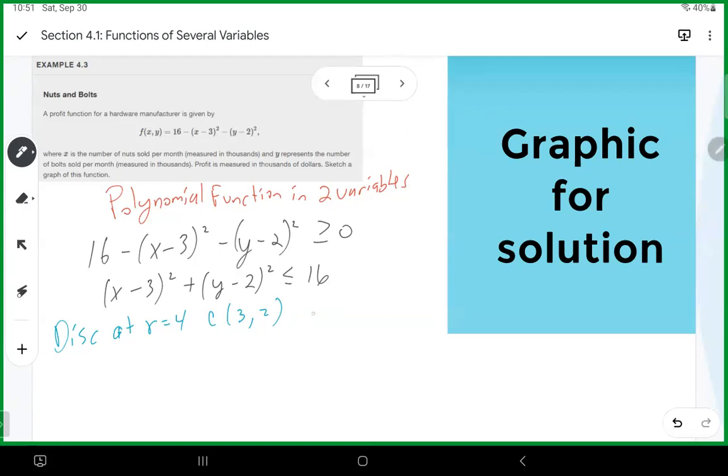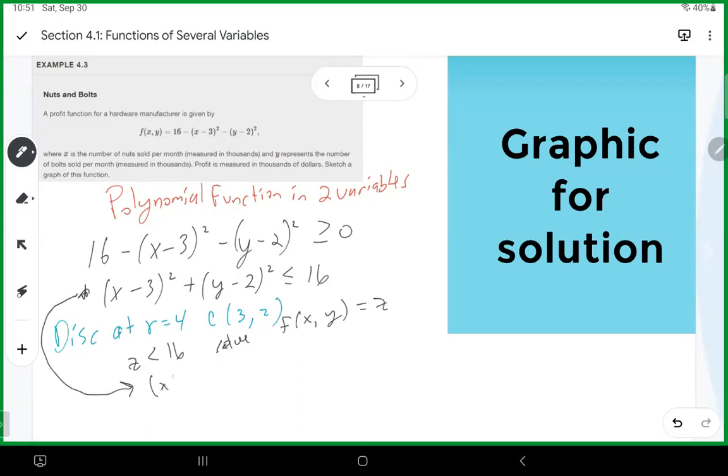So if we're looking at z less than 16, we would have to solve for f of xy equals z. So let's start from this line and just rewrite it.